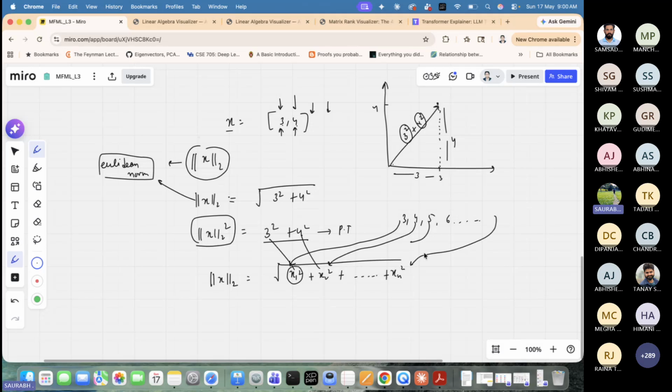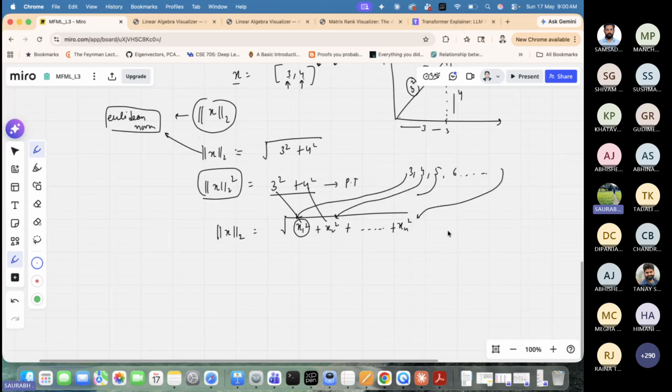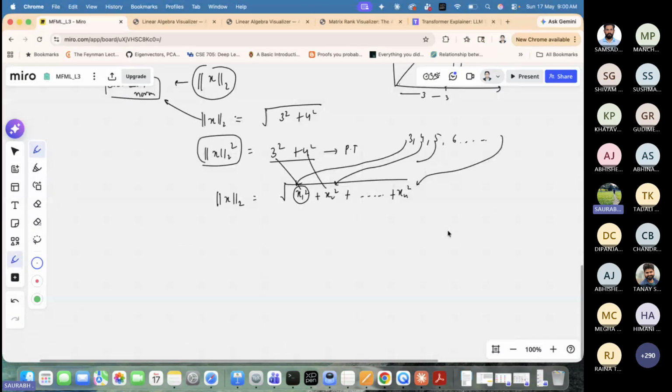Now, when you define the length of vectors like this, you have to understand that length behaves in a specific way, right? You cannot have lengths which are negative. You cannot have a length which is distorted. In Euclidean space at least, you cannot say that the lengths are like that, right?